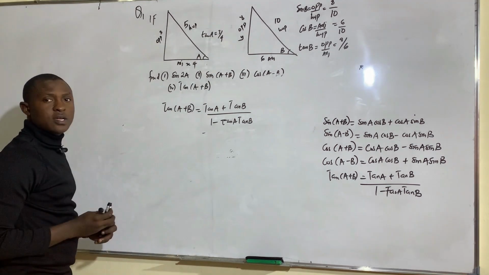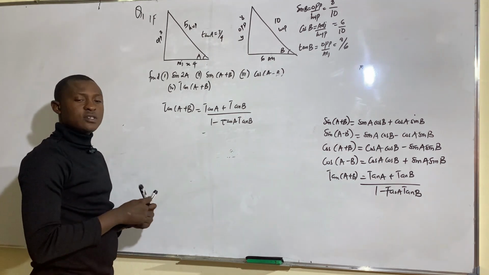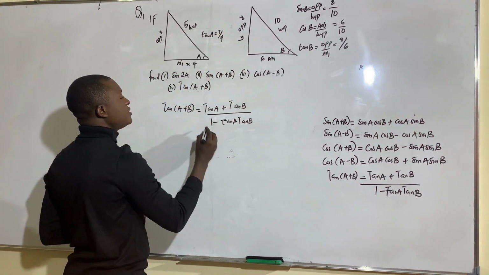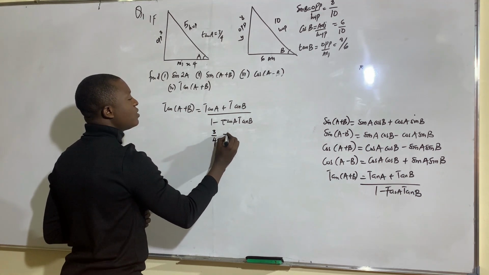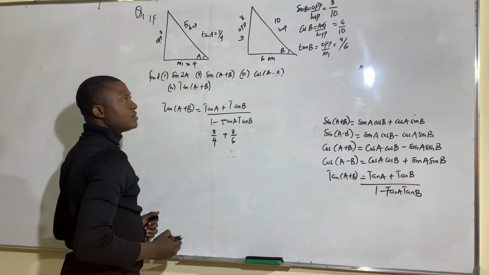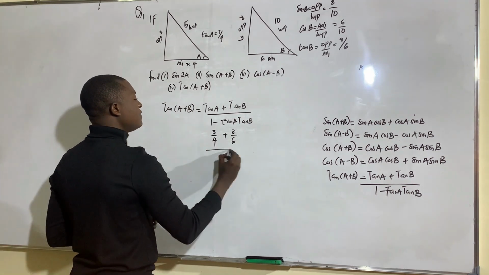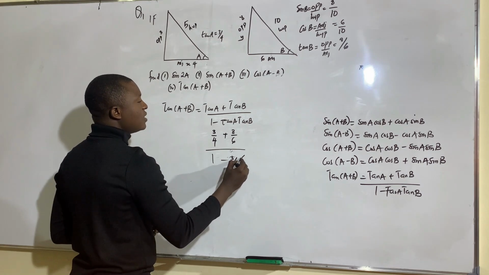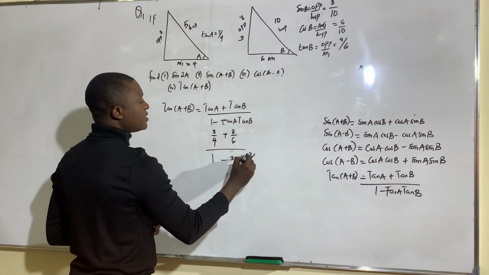So let's substitute the values one after the other. Tan A is 3/4, can you see? We have 3/4. Tan B is 8/6. We have 8/6. You can see the way we are putting that, divided by 1 minus tan A, again 3/4, times tan B, 8/6.